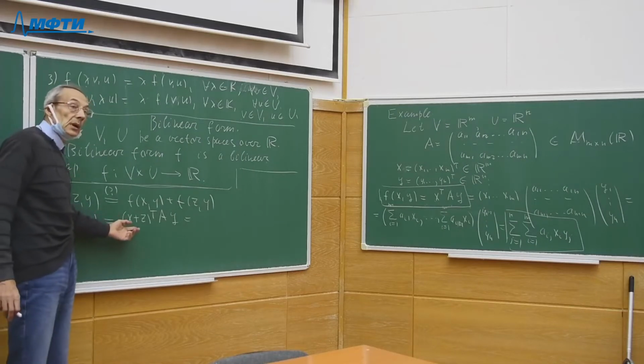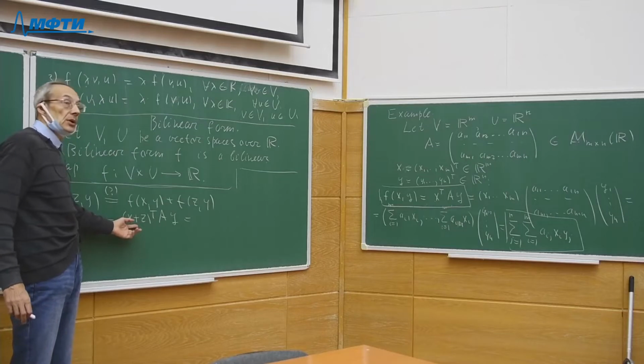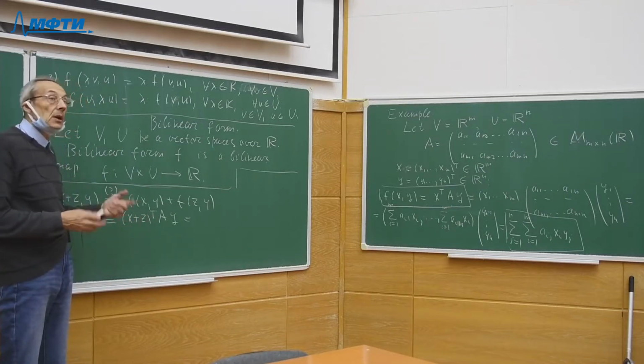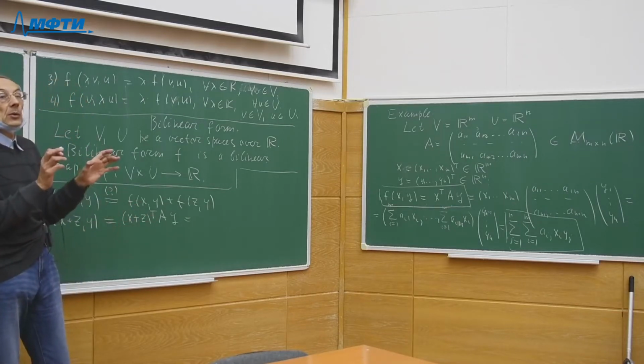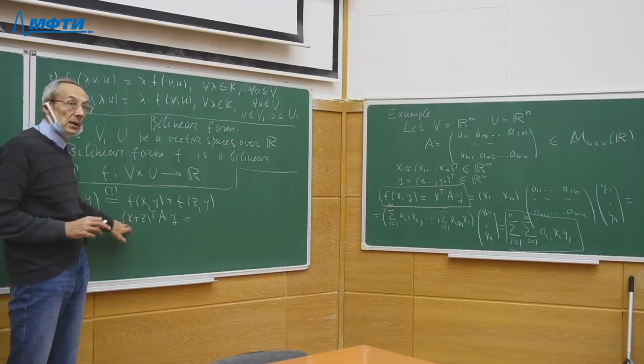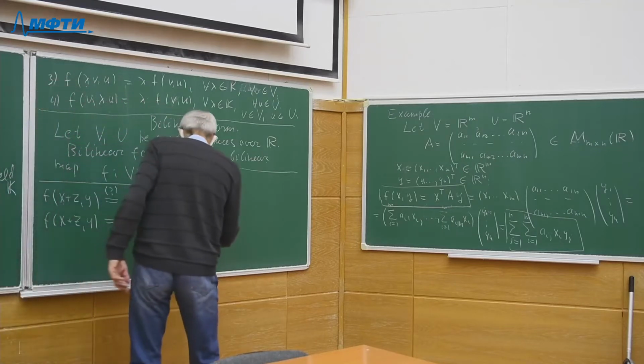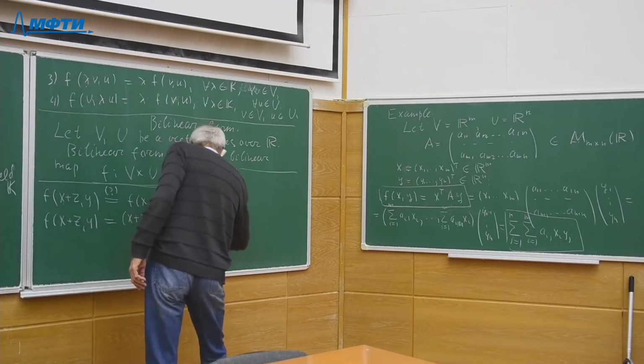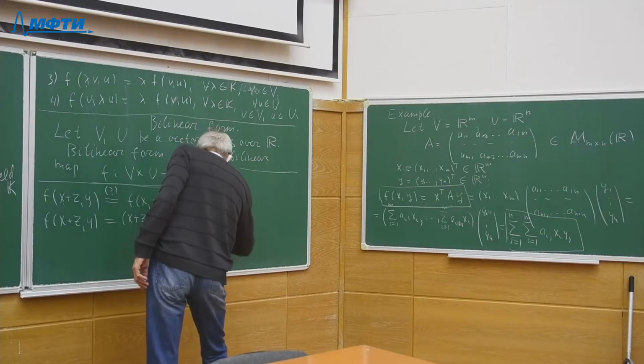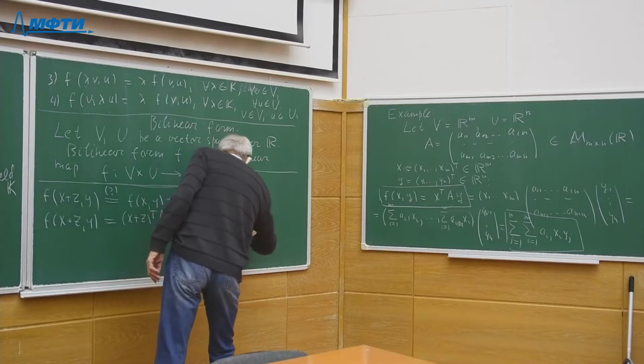If we apply the transposition operation to the sum of vectors, we obtain the sum of transposed elements. And we have (x transpose plus z transpose) times A times y.